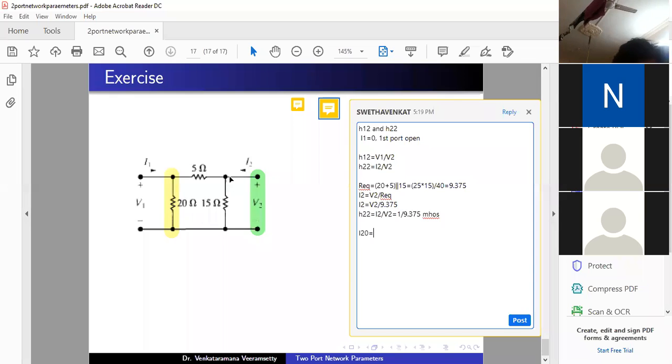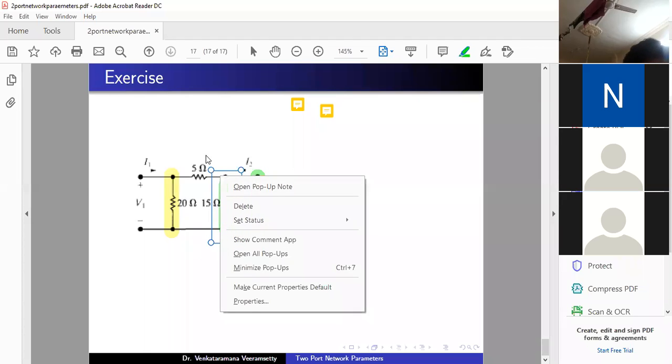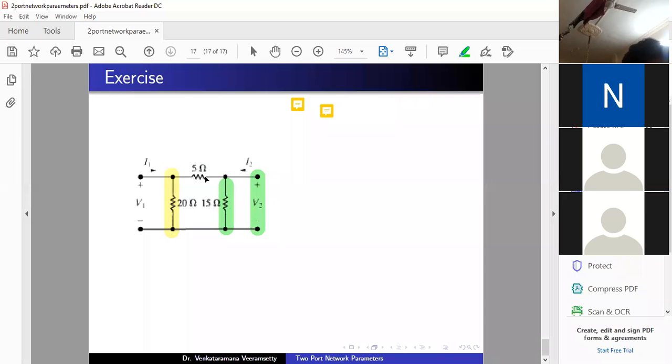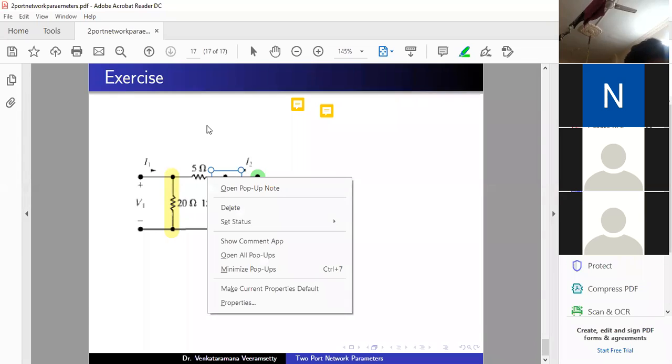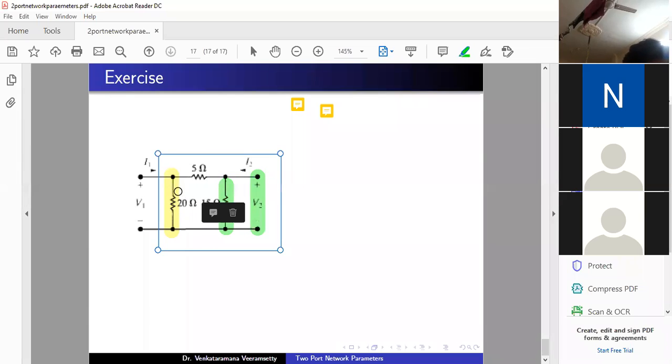I2 is the total current, and this total current splits: part flows through the 15 ohm and the remaining current flows through the 5 ohm and 20 ohm.